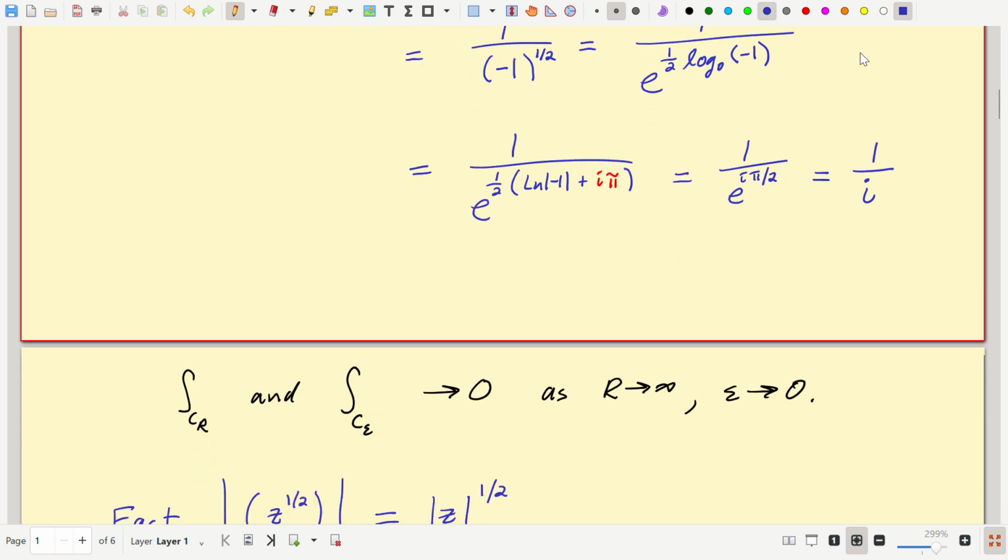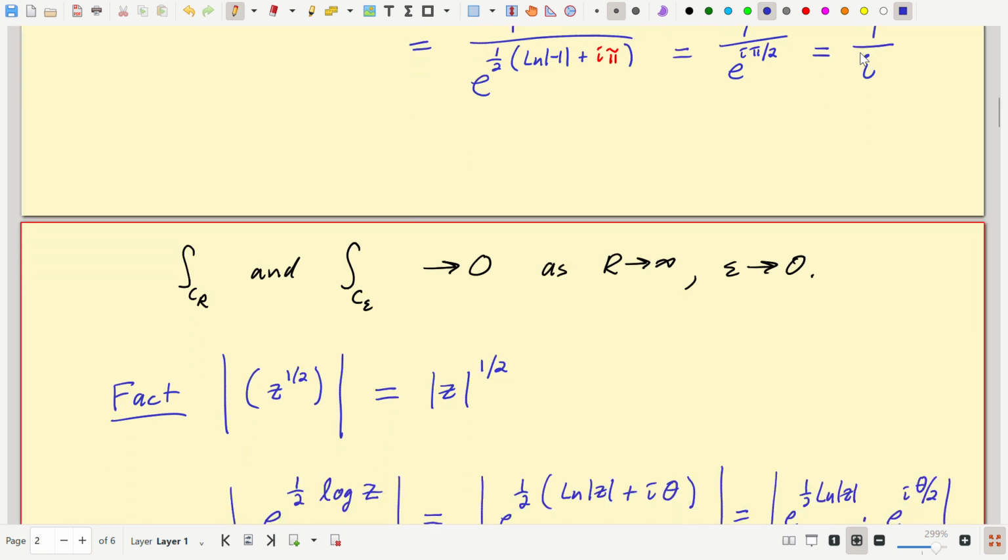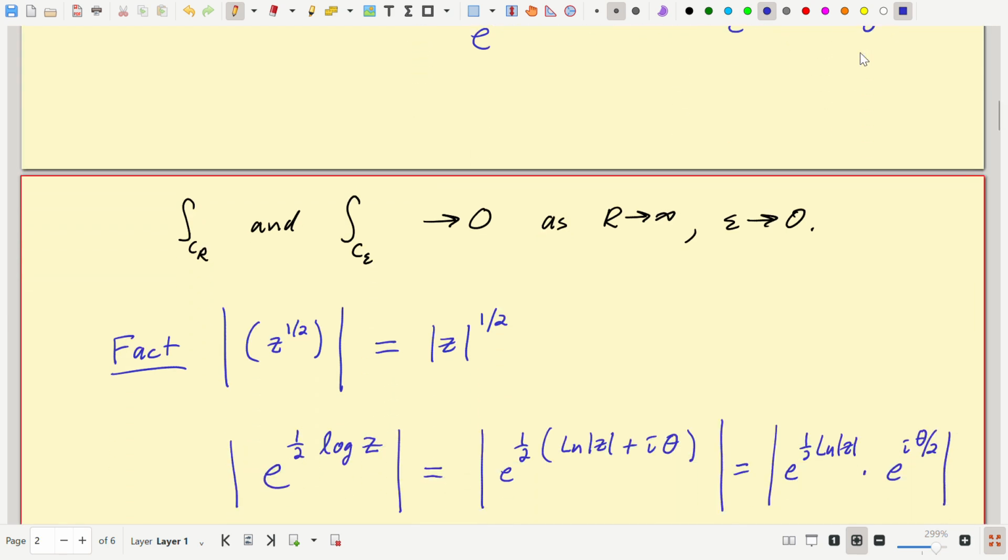Then I thought I'd do the easy estimates next. The integrals along the circular parts tend to 0 as I let r go to infinity and epsilon go to 0. To estimate those, I used the fact that the modulus of a square root is the modulus of z to the 1/2.